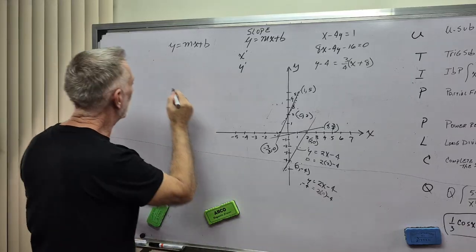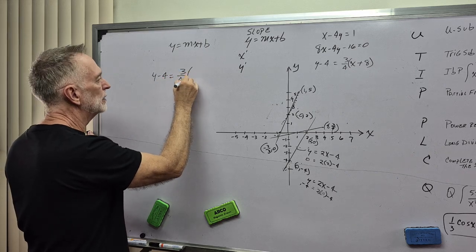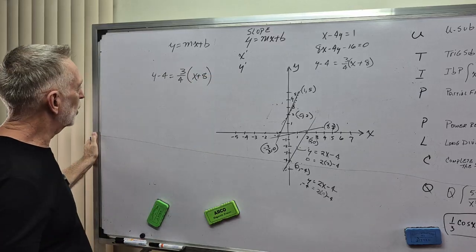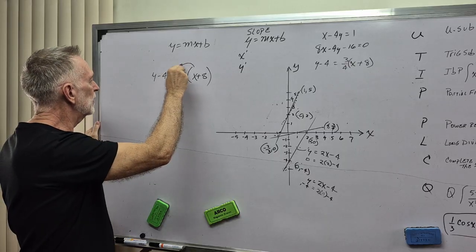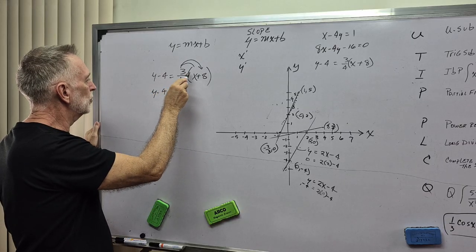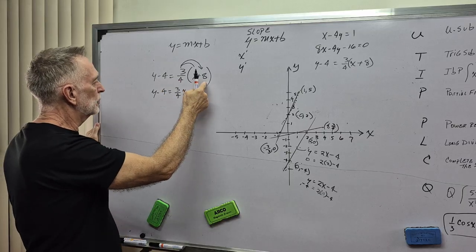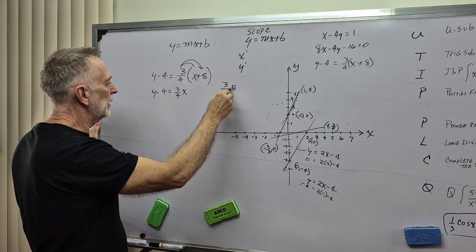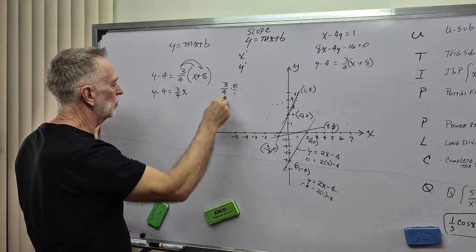Okay, y minus 4 equals 3/4 times x plus 8. They're asking us what is the slope. I'm going to distribute the 3/4 to the inside. So y minus 4 equals 3/4 times x, which is 3/4 x, and then 3/4 times 8, which is what? 3/4 times 8/1.